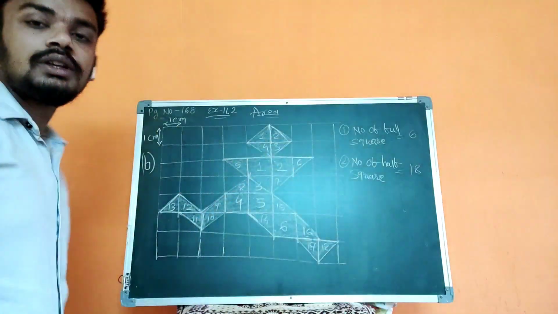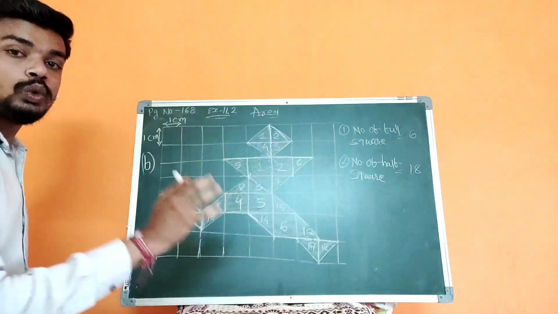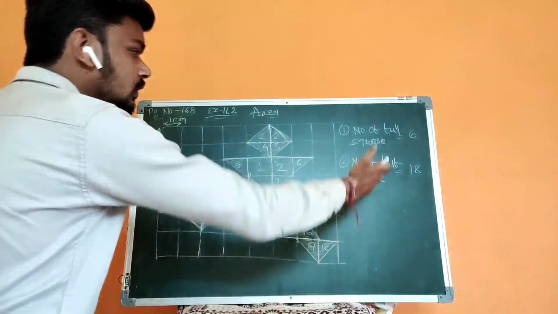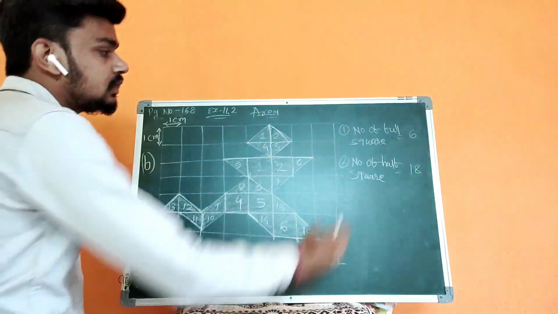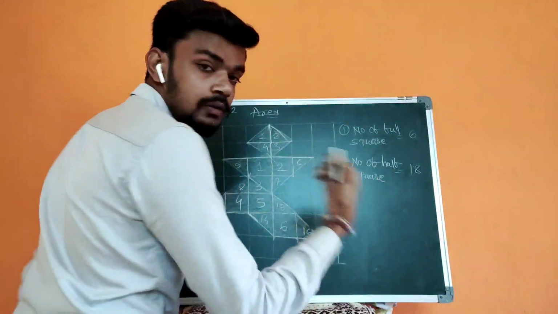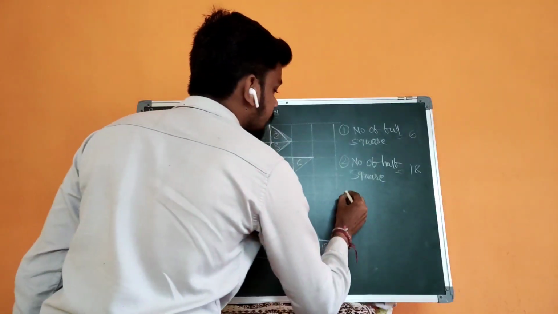One thing we know is that 2 halves are equal to 1 full. So if we divide 18 by 2, we get the number of full squares.